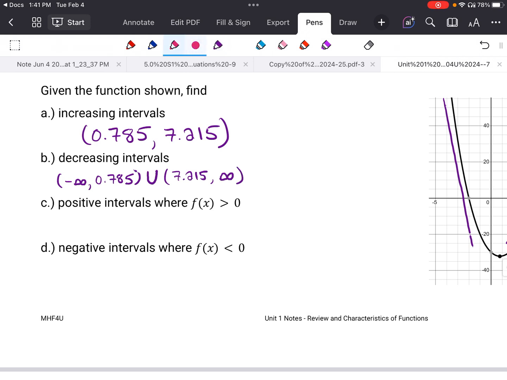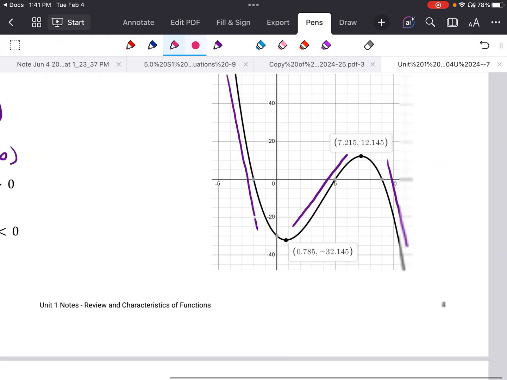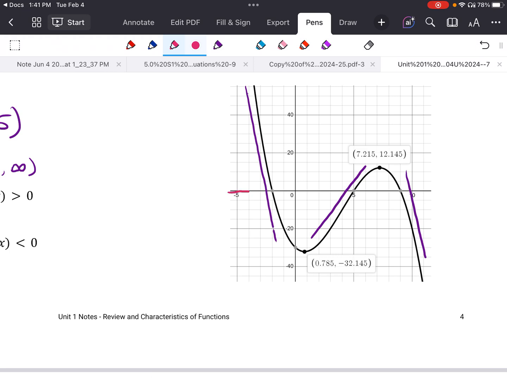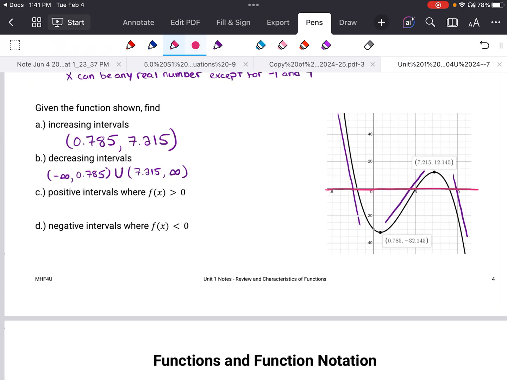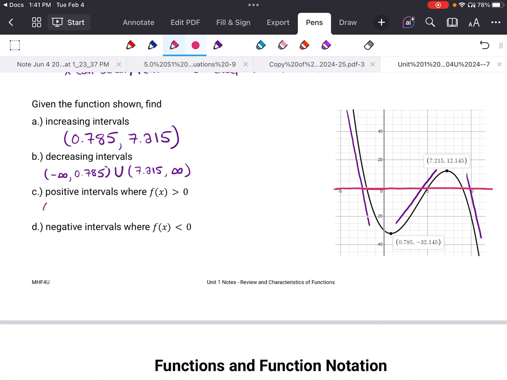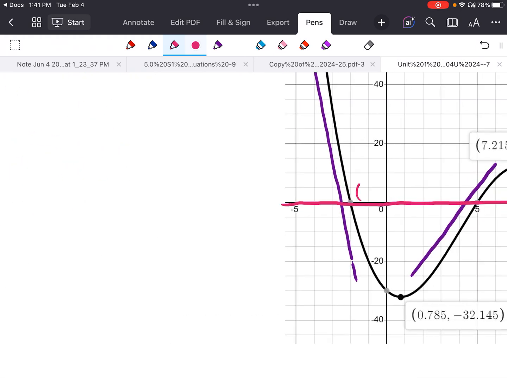Okay, great. C is the positive intervals, which means when the function is greater than 0. Okay, so this pink line represents 0. So when is the function above that line? So again, at the very start, we don't know how far left it goes, so we'll say negative infinity, and then it crosses 0 at negative 2.